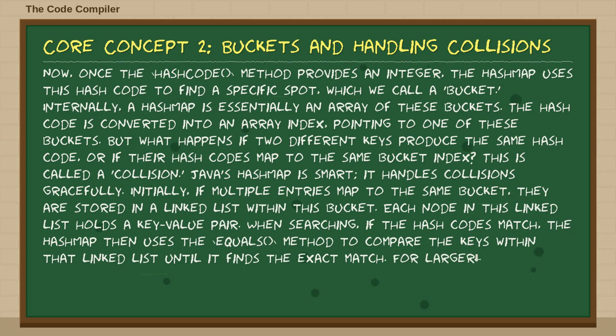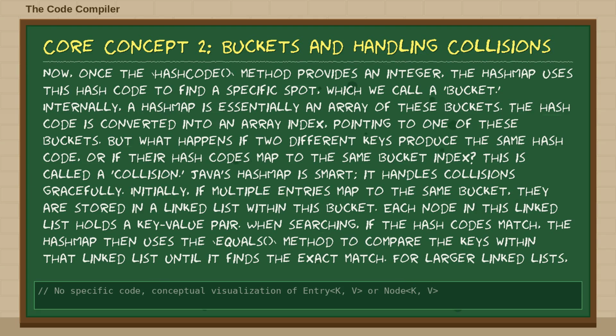For larger linked lists, Java 8 introduced a clever optimization. If a bucket's linked list becomes too long, it transforms into a balanced tree, specifically a red-black tree, to maintain performance. This ensures that even with many collisions, retrieval remains efficient.